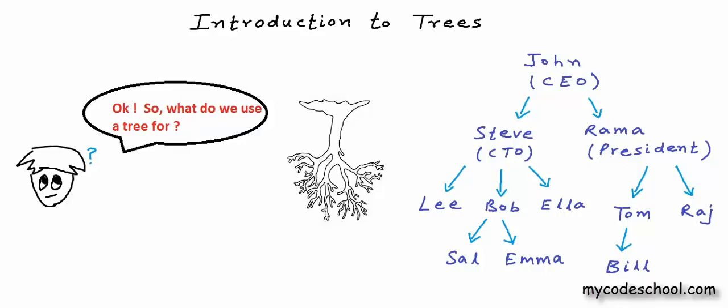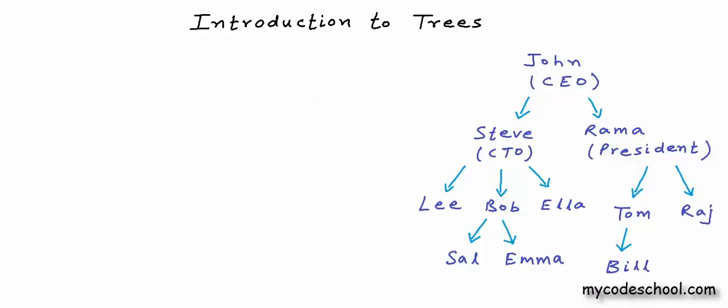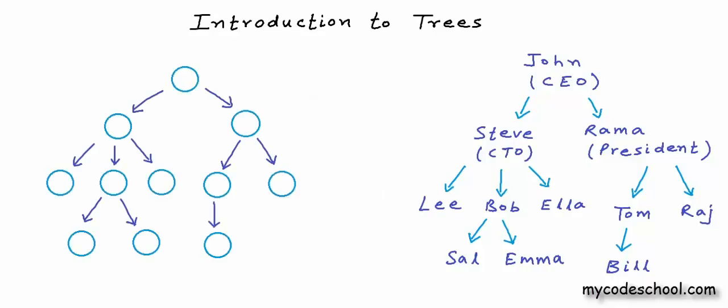First, I want to define tree as a logical model. Tree data structure can be defined as a collection of entities called nodes linked together to simulate a hierarchy. Tree is a non-linear data structure. It's a hierarchical structure. The topmost node in the tree is called root of the tree. Each node will contain some data, and this can be data of any type.